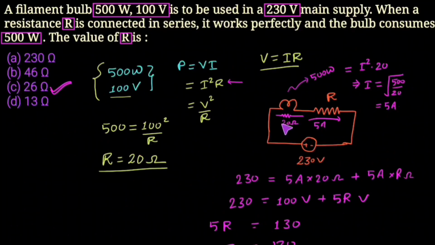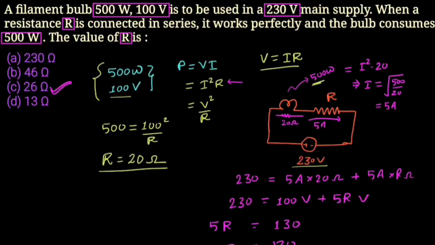Now if we draw the circuit, this filament bulb is representing a 20 ohm resistor, connected in series with the resistance R, and this whole assembly is connected across a 230 volt power supply. In this assembly, the power consumed by this filament bulb alone is 500 watt.